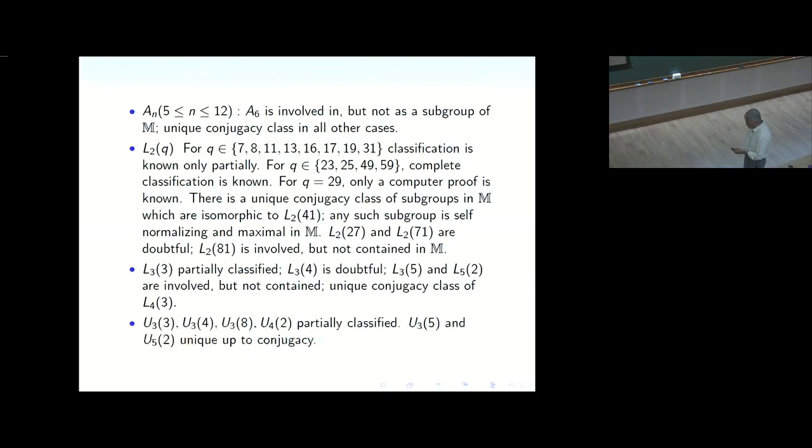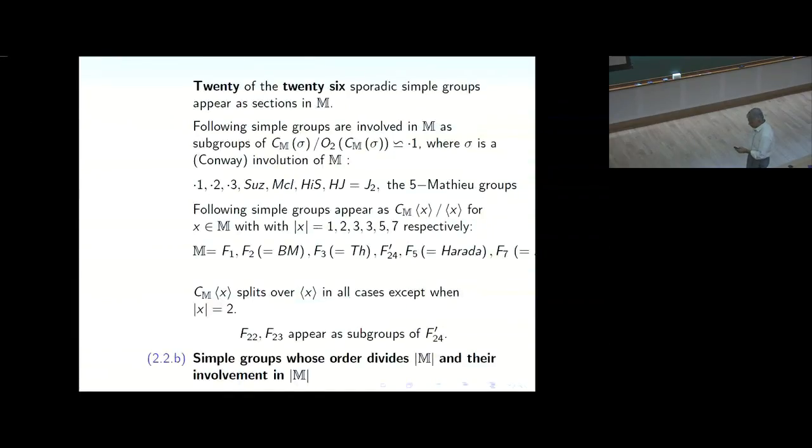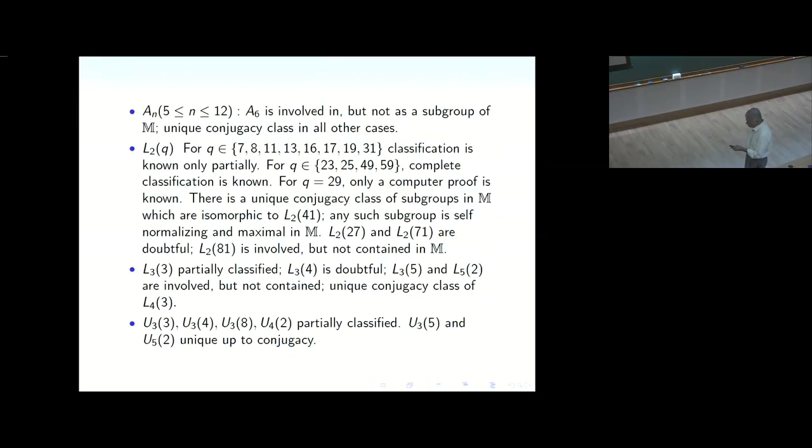Of course, one can look at the order of the monster, and look at the simple groups whose orders divide it. This is not a complete list, but you can see that a very large number of classes, alternating groups and the matrix groups also appear as subgroups of that, which makes its structure quite knotty.